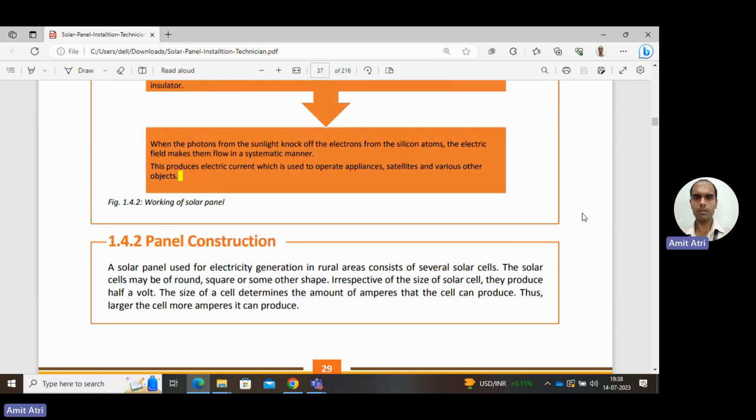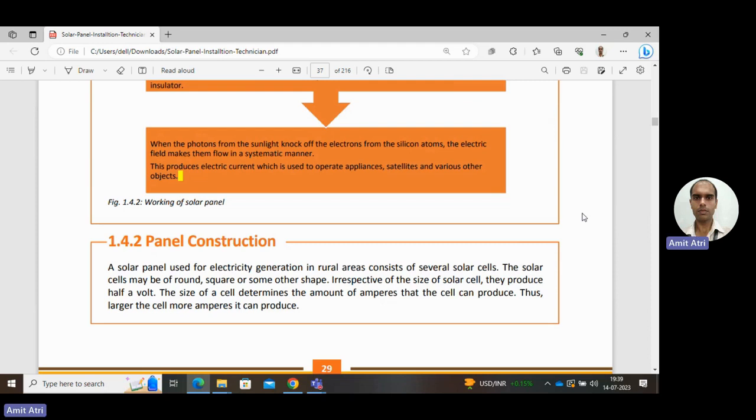It can be motors or other appliances, or also satellites. Solar panels can be installed on satellites, and we can leave them in space. Then they will generate their own power using the solar energy in space.